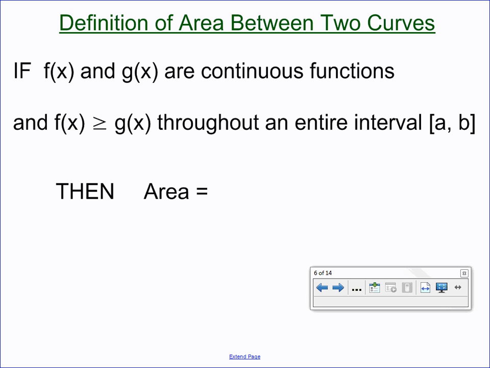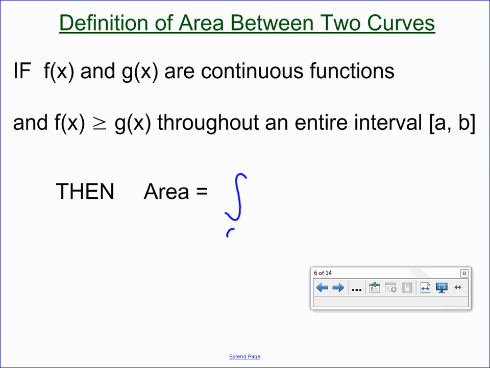So our definition for the area between two curves, right, as a result of our activity, if f and g are continuous functions, and f is greater than g, right, throughout the entire interval, a to b, then the area bounded between the two curves is given by the definite integral.